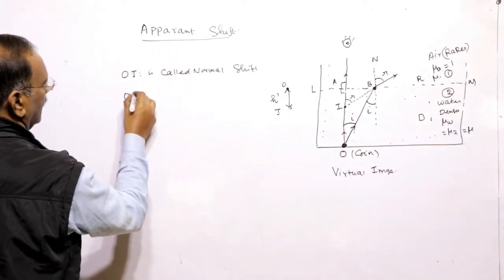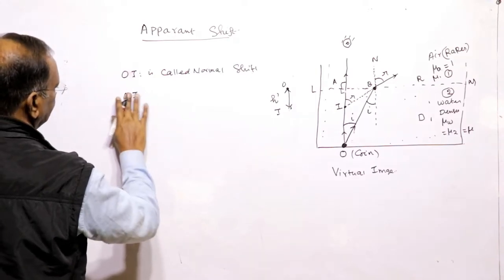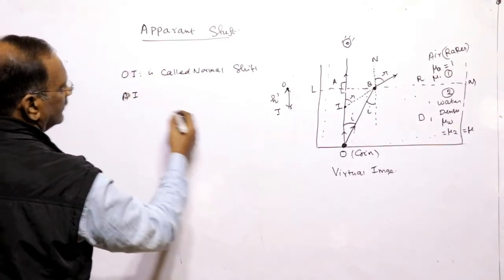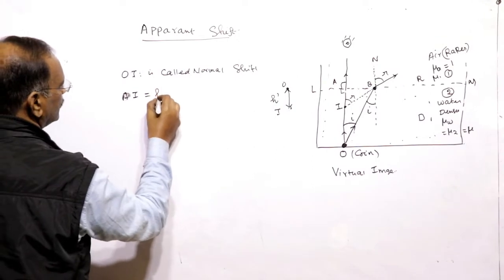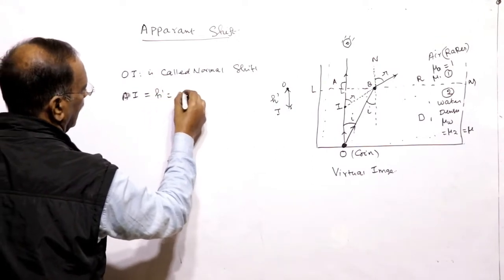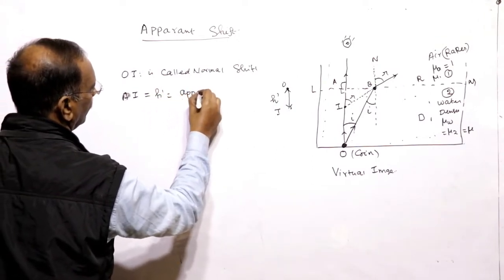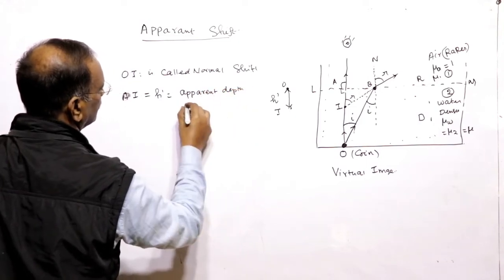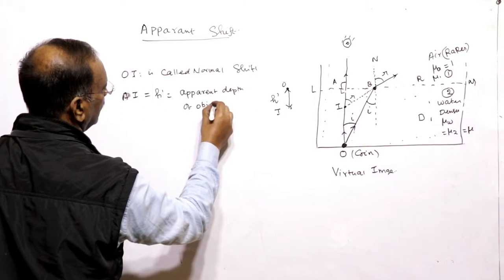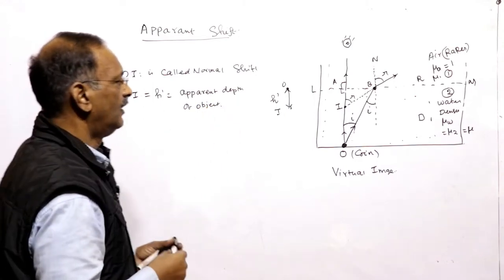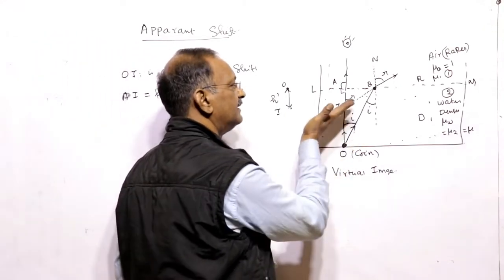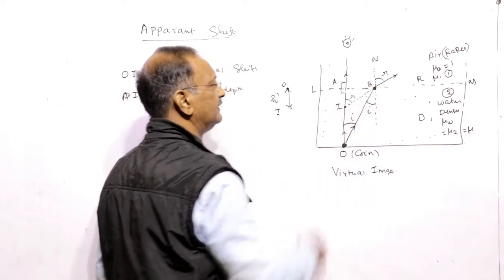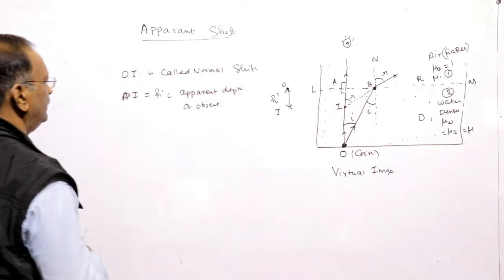So OI, AI, we call H dash, which is equal to the apparent depth of the object. Apparent depth means how much height the object is raised up. So that height is called the apparent depth of the object.